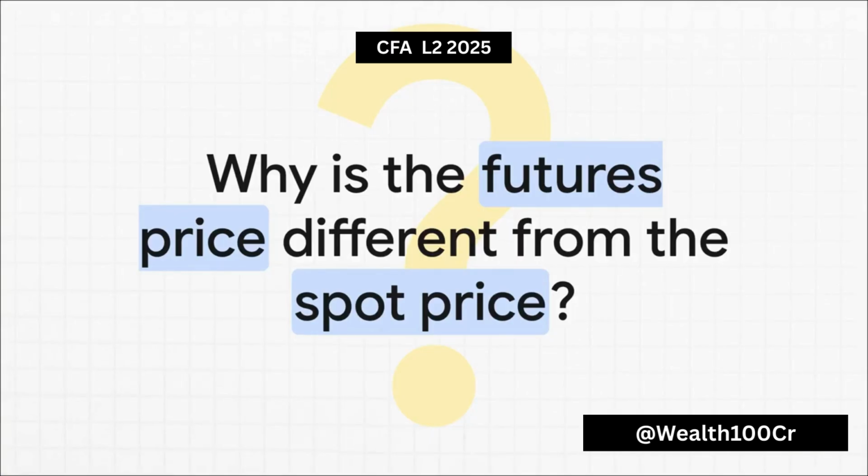Which brings us right back to that first question we asked. Why isn't the future price just today's price, the spot price, plus some interest? Well, because of all this other stuff. You have to factor in storage costs, the risk involved, and how easy it is to get your hands on the commodity right now. And all that creates two totally different shapes for the futures curve.